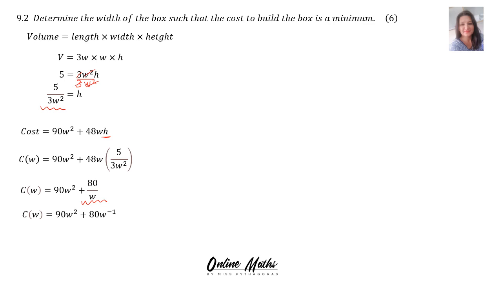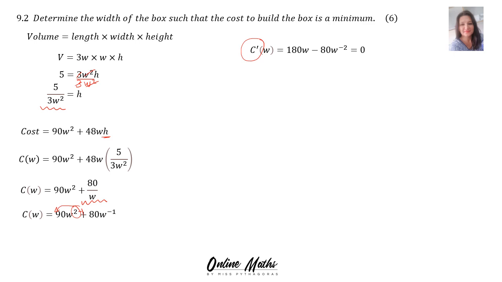Now I'm going to find the derivative on top there on the right. So please note the notation. It's C'(W), and then when you find the derivative, the 2 goes to the front, it multiplies with the 90, and you subtract 1. That's why it's 180W.